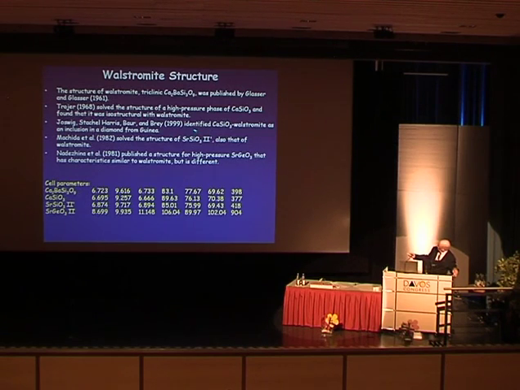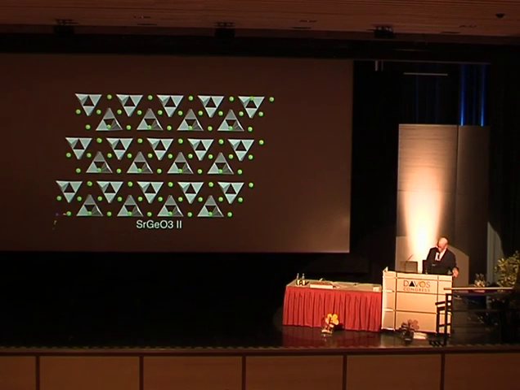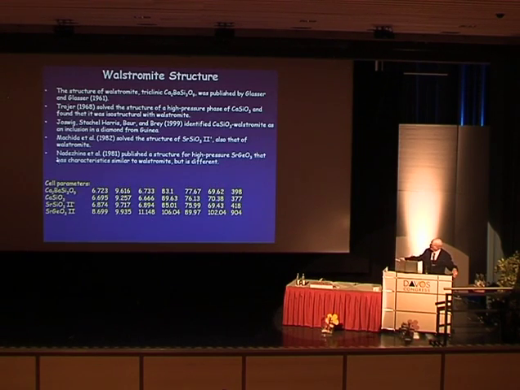It has been found as a natural mineral in a diamond from Guinea, and we also looked at other compositions of strontium and germanium, and I'll show something about that in a minute. This is the structure of strontium germanate, and it is the material published by Nozdazina.